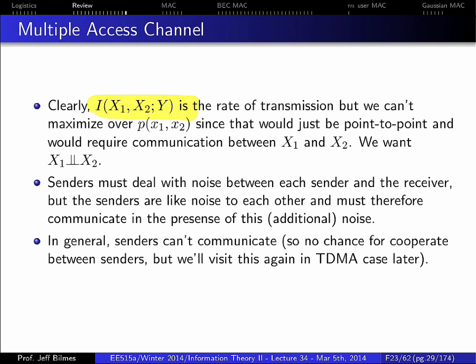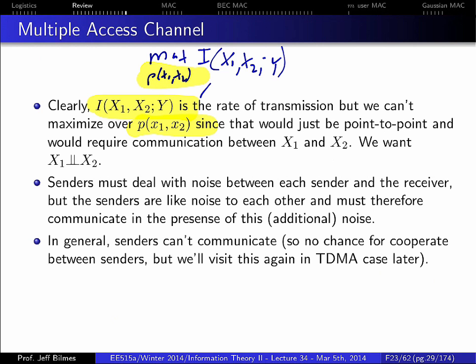If we were to maximize over this joint distribution of the mutual information, let me make sure this is clear. I wasn't sure this was clear last time, but if we were to do max over P of x1 and P of x2 of the mutual information between x1, x2, that wouldn't be valid, because that basically requires x1 and x1 to cooperate.